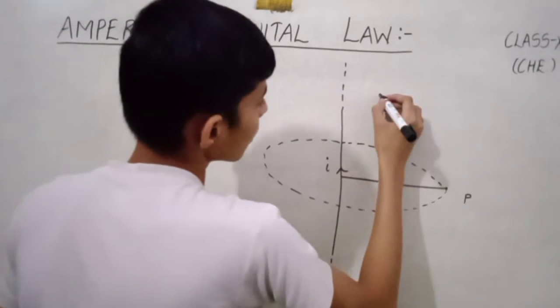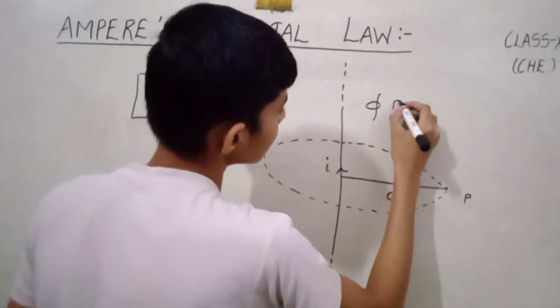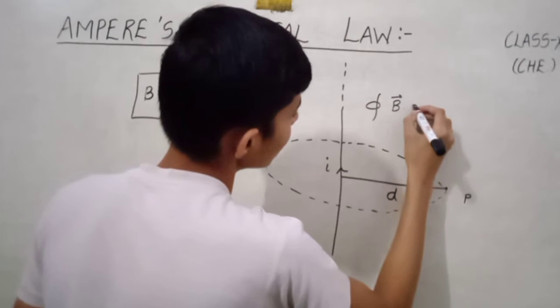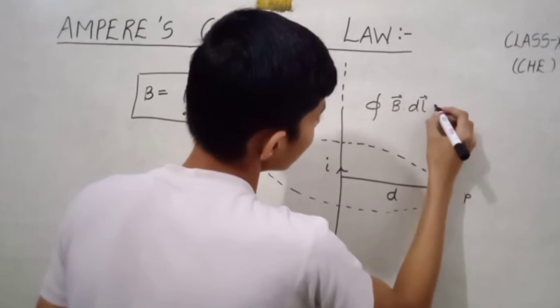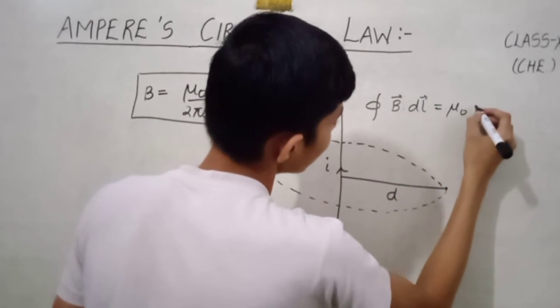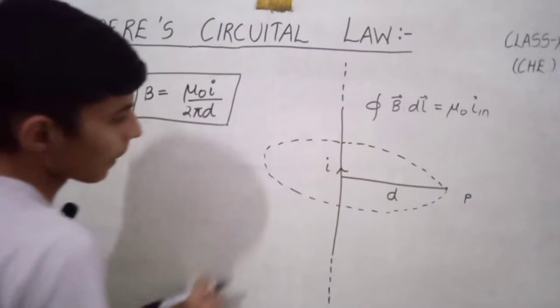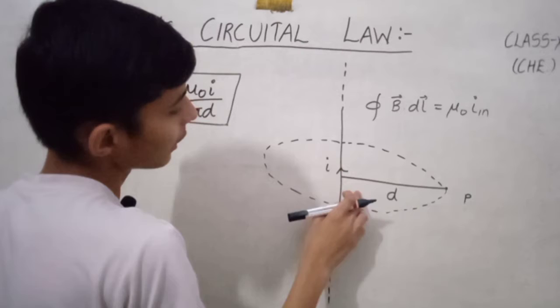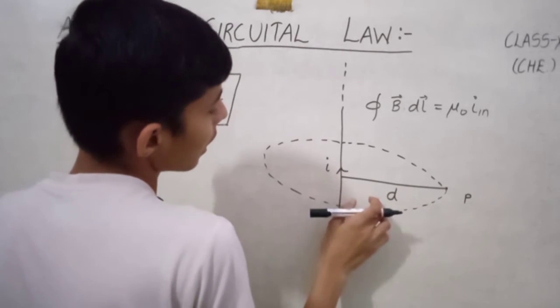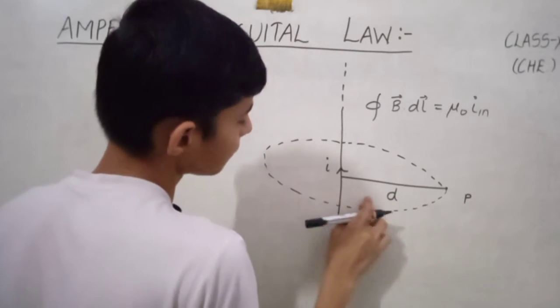Now the closed integral of B dot dl equals mu naught I. The current I is flowing and we have to find the magnetic field at the point P, which is at the distance d from the wire.